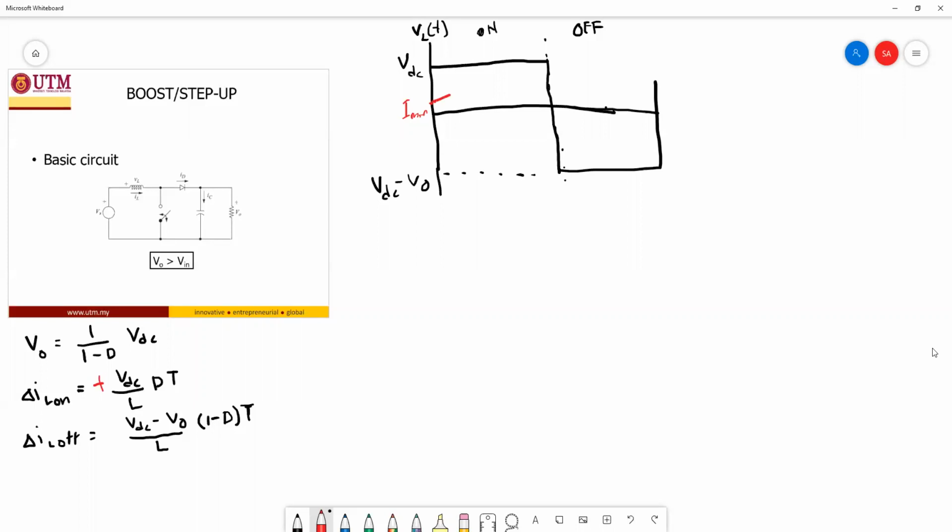It will ramp up to some current value, which we call I max. Then during turn off it will be negative. Why negative? Because V out is always larger than VDC, so it will ramp down from the maximum value to its minimum value. So that is the waveform of the inductor current.